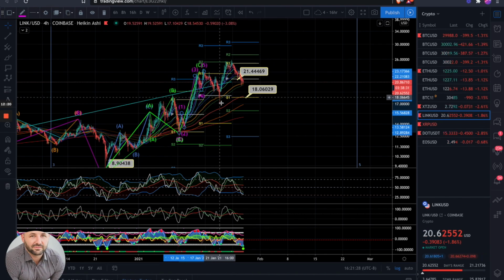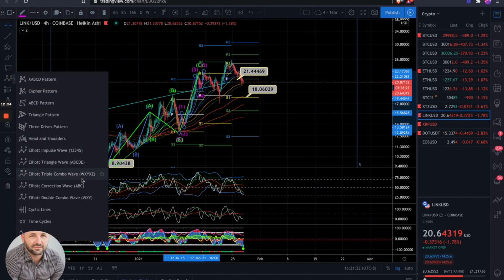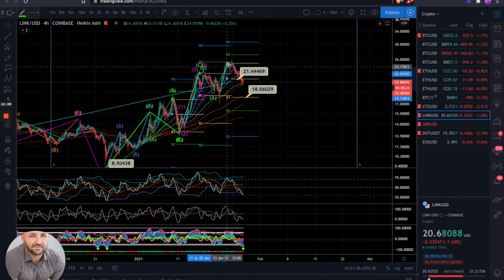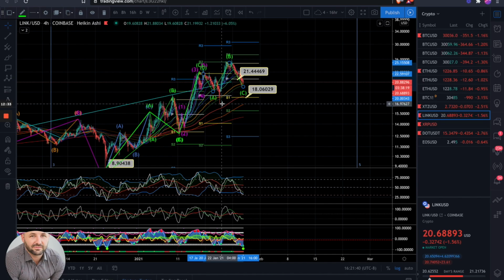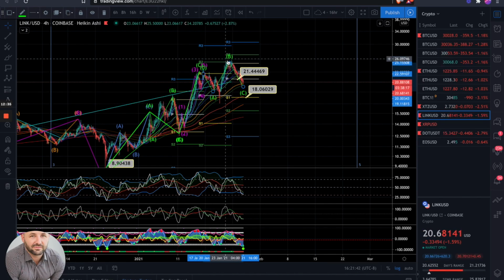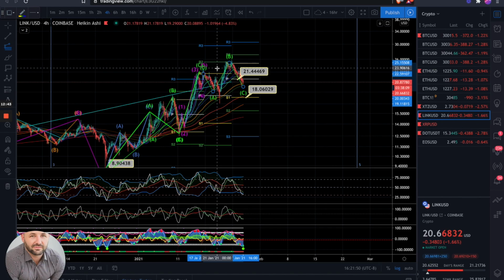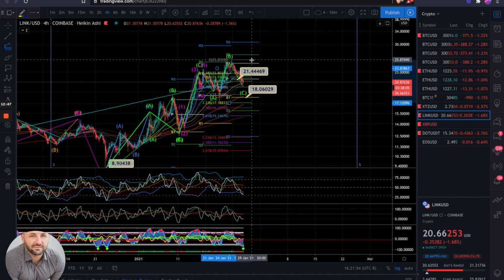So basically, I'd look at this as an A here, and then a B, and a C down. Same thing with an expanded B pocket here, C up, and then a C down. Let's see where that S1 puts us.